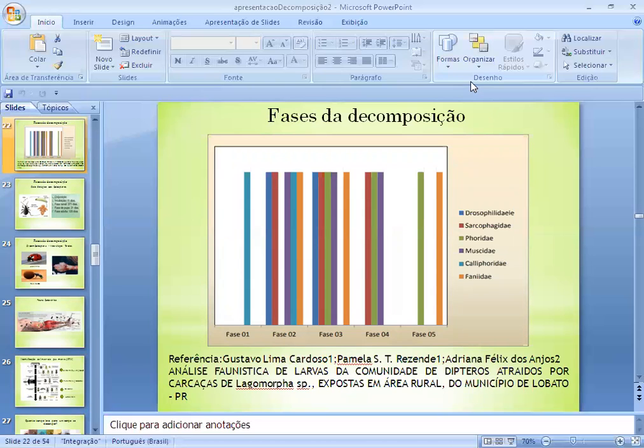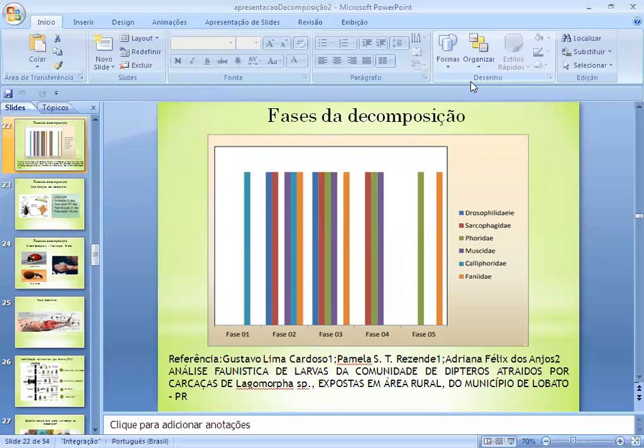This experiment was made between summer and winter, and larvae were collected in each stage of the decomposition. In the first stage, some larvae were collected, but most of them were Calliphoridae.